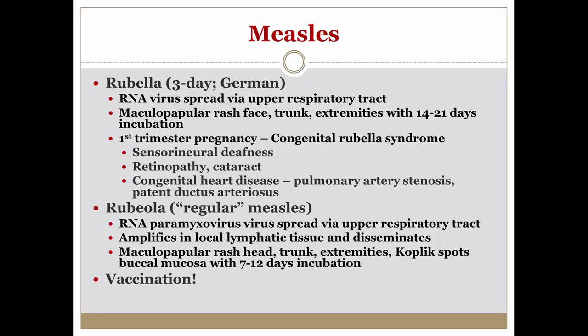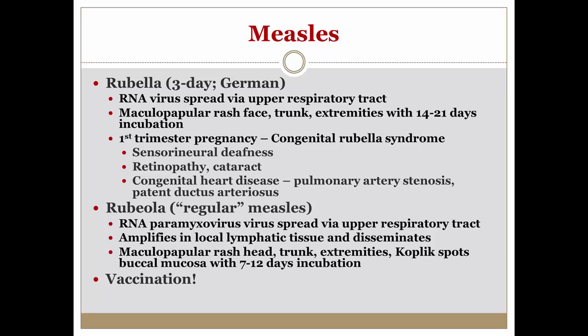Rubeola, also called regular measles, is an RNA paramyxovirus. It also spreads through the upper respiratory tract. It spreads through the tract, but it actually amplifies in the local lymphatic tissue and then disseminates.